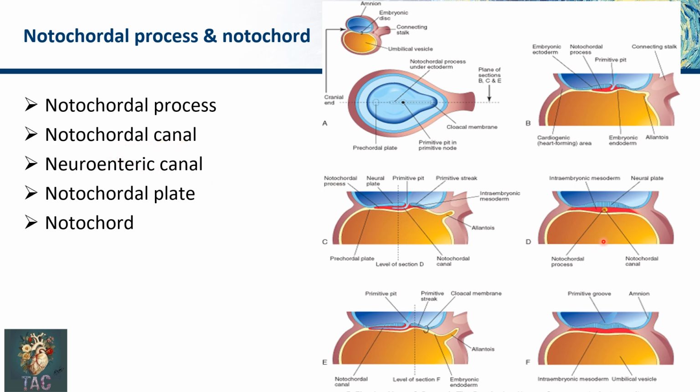This is the section taken at this level, and in this section you can see the notochordal canal is present, and on each side of the notochordal canal you can see the intraembryonic mesoderm. This notochordal canal extends up to the level where the notochordal process was present. It was formed till the precaudal plate. So what happens next?